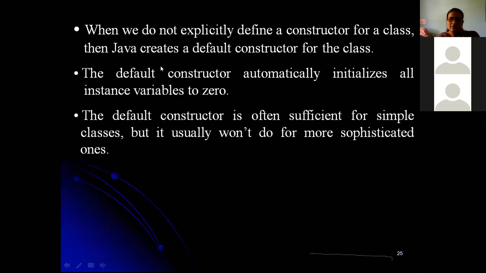As I have told you, the default constructor automatically initializes the instance variables to 0. As I said, class variables we call instance variables. Even if you have not explicitly written the constructor, it will initialize the variables to 0. That is the default constructor.